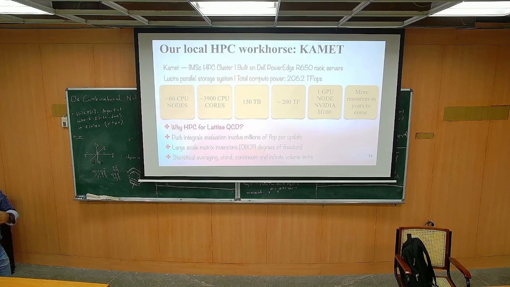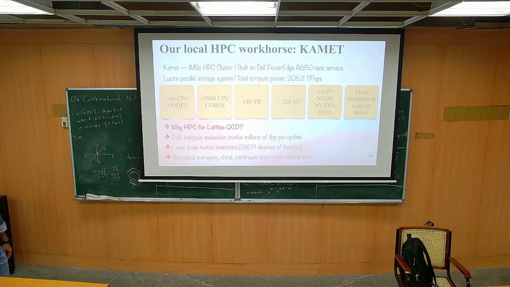For each update you make, each evaluation, you need millions of flops, and you need to make millions of such updates, not one or two. Which means you need a really huge amount of resources.